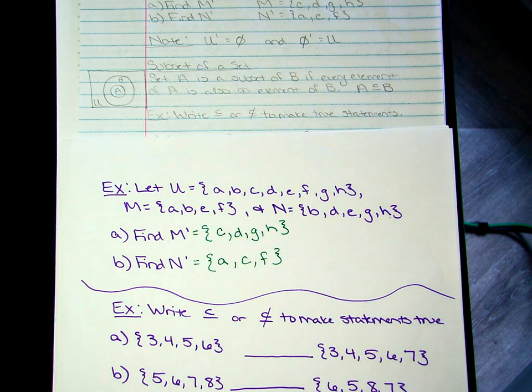We have our universe, we have this set A, and notice all the way around set A is set B. This looks a lot like the diagram I had in 2.1 where the different types of numbers were shown. In the very center of our types of numbers was our counting numbers. Those were the numbers 1, 2, 3, 4. That was our inner circle. And then right outside of that circle, we had our whole numbers.